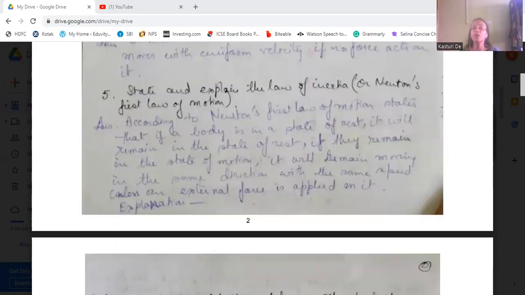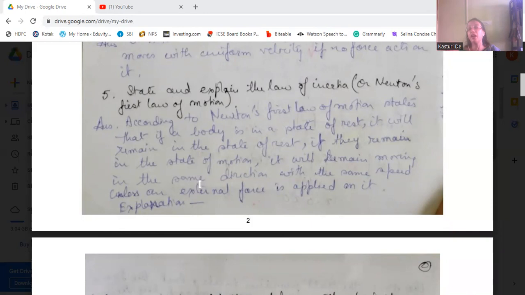State and explain the law of inertia or Newton's first law of motion. According to Newton's first law of motion, if a body is in a state of rest, then it will remain in the state of rest unless and otherwise a force is applied on it.